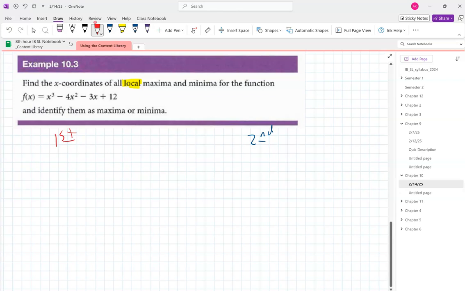All right. So first derivative test. What do I do first? Take the derivative. What do I get? Okay. What type of function is this? Okay, is it ever undefined? Nope. So I just need to set it equal to 0 and solve. How do I solve a quadratic equation equal to 0?